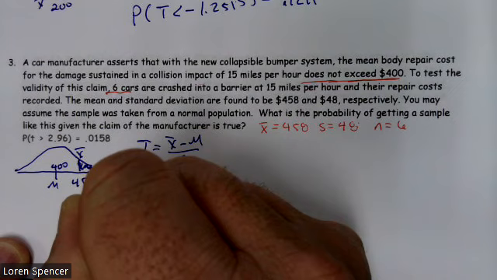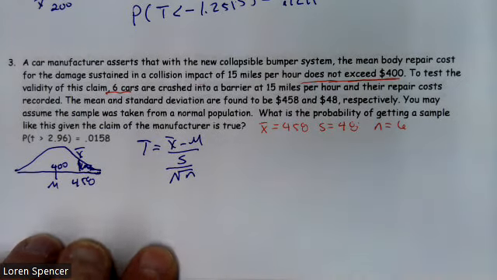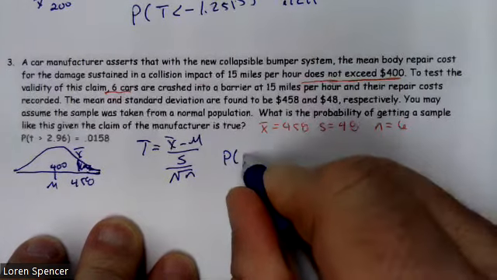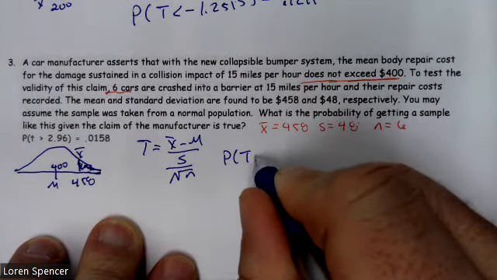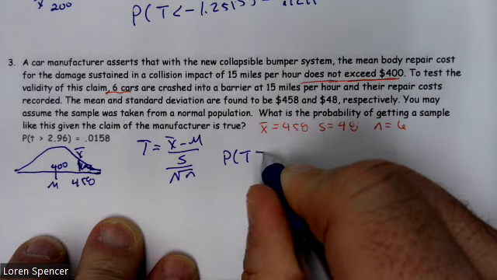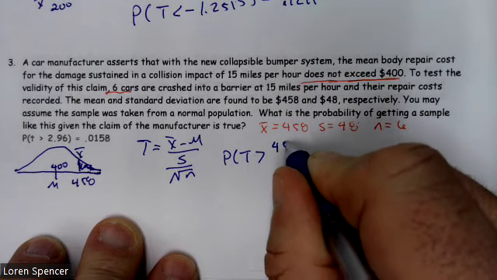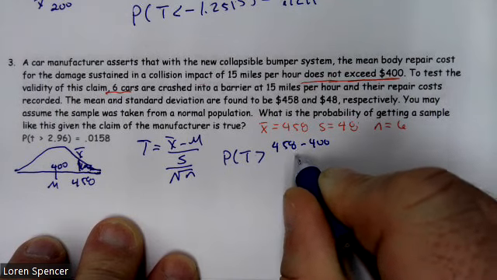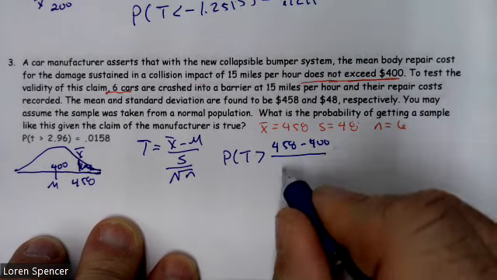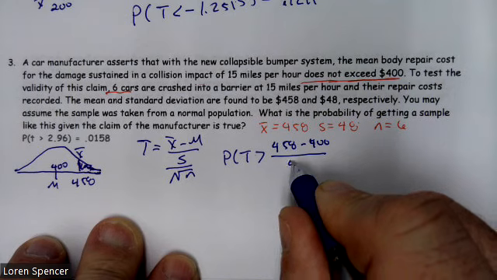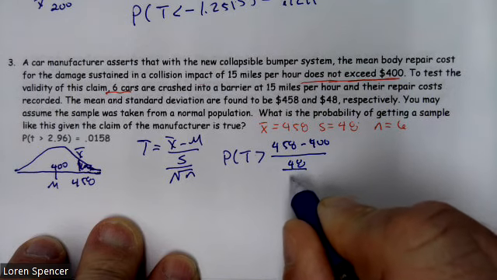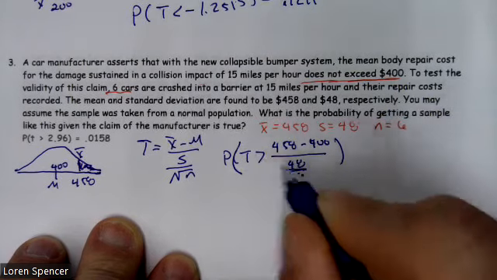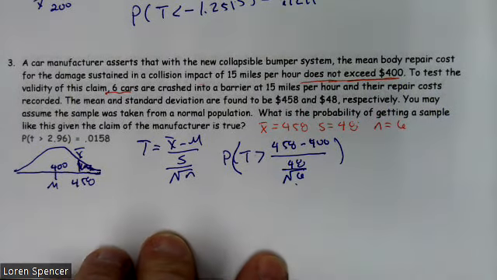But what's the probability of that happening if it really is just $400? So the probability that T is greater than 458 minus 400, because that's the claim, over standard deviation of 48 divided by the square root of 6, because that's my sample size.